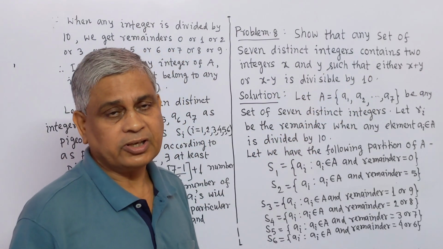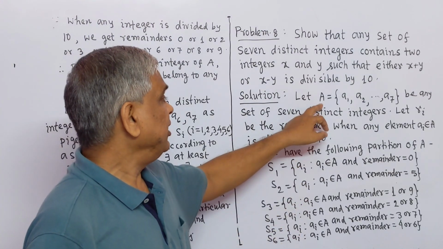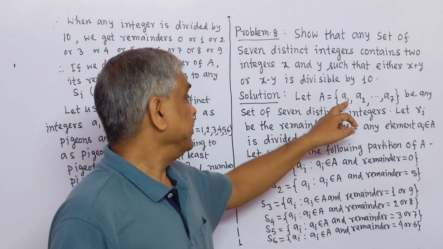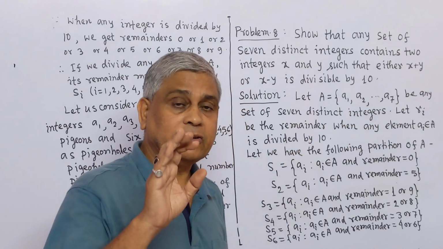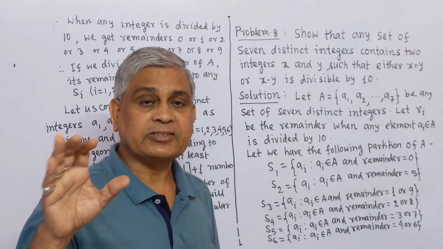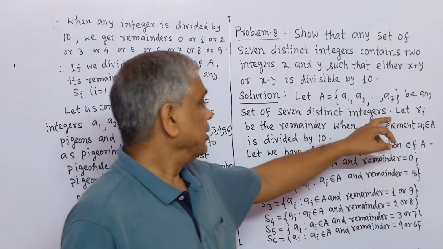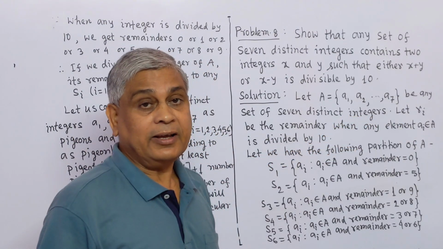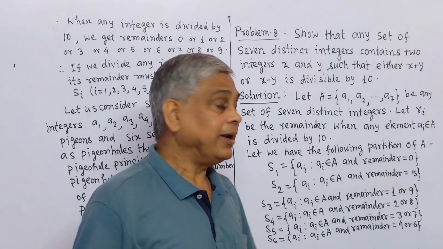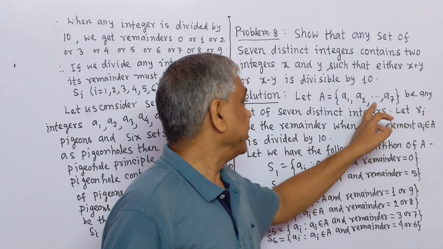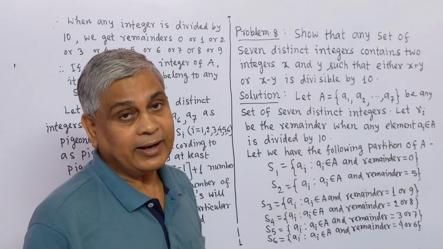Now we solve this. Let A be a set containing integers a1, a2, ..., a7. These all 7 integers are distinct. Let Ri be the remainder when any element ai belonging to A is divided by 10.